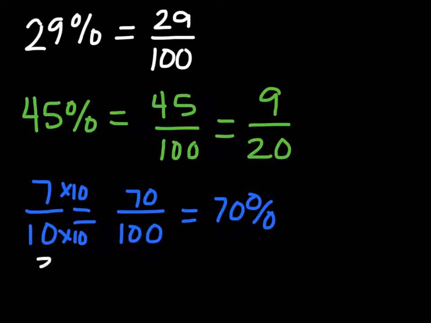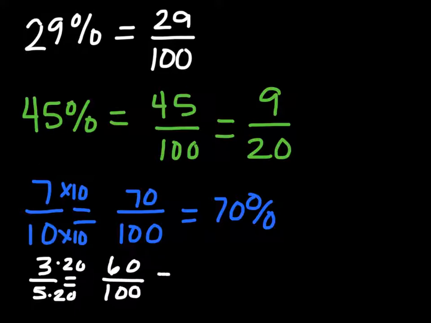What about 3/5? Once again, we need to convert our denominator to 100. 5 times 20 would give us 100. So we're going to multiply both numerator and denominator by 20, giving us 60 over 100, or 60%.